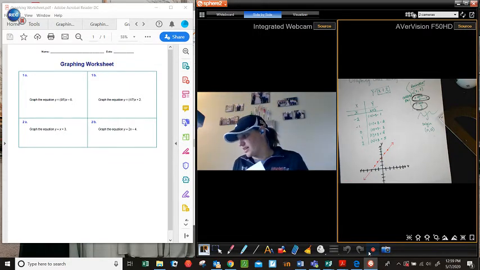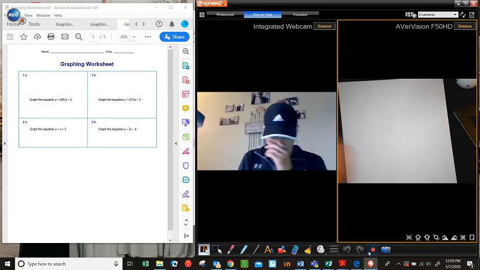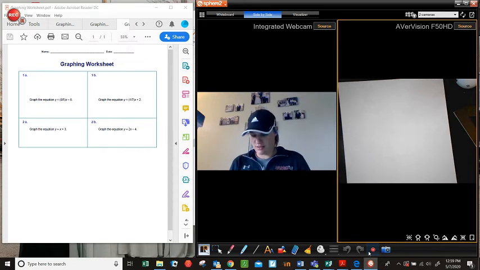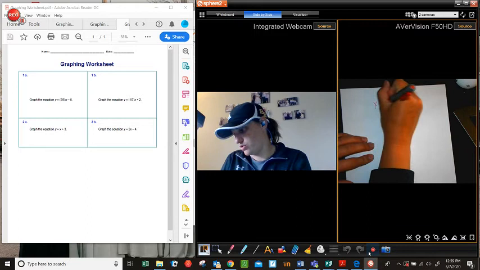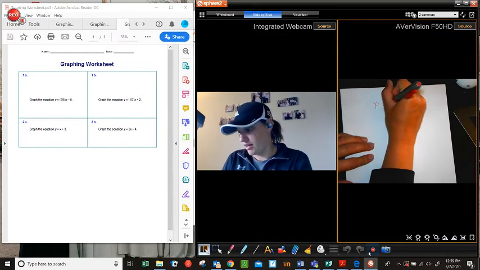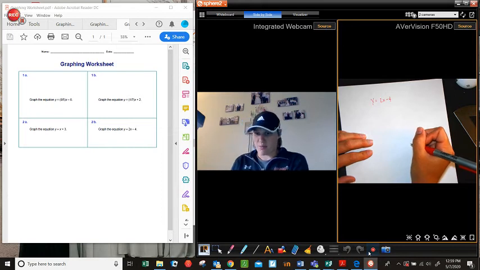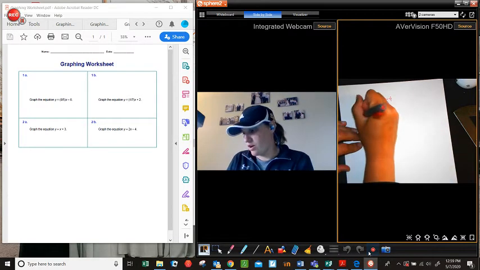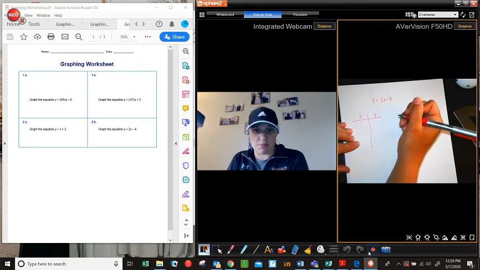All right, one more example that's going to be very similar to that one. Our new equation, y equals 2x minus 4. So now we need to create a table of values, and our table of values is always going to be x and then y. Or a t-chart, some people call it a t-chart.